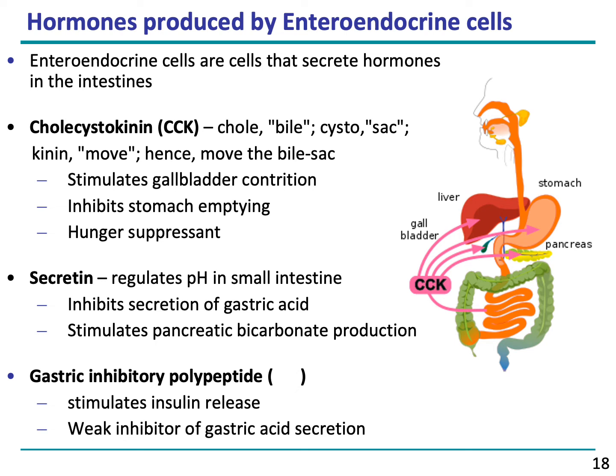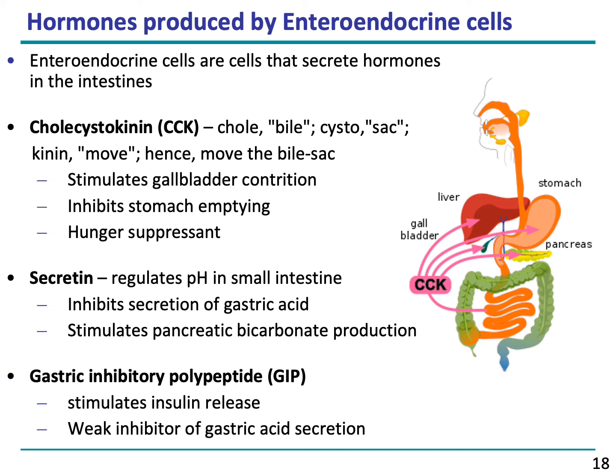Secretin is the other hormone, and secretin regulates pH in the small intestine by inhibiting secretion of gastric acid, and it stimulates pancreatic bicarbonate production, which neutralizes the acids in the small intestine. The other hormone is known as gastric inhibitory polypeptide, which is abbreviated as GIP.